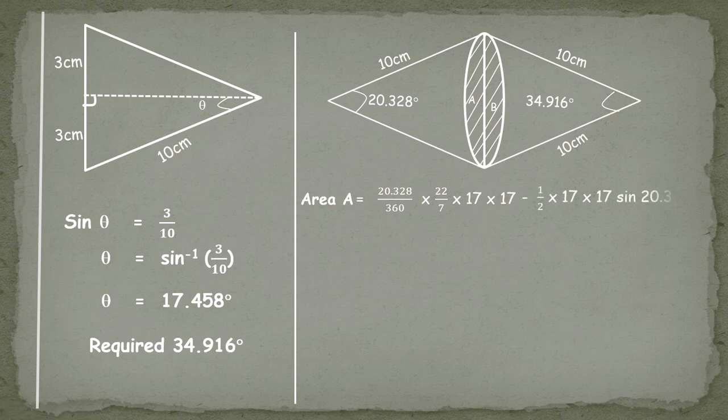Which means we shall get theta out of 360 pi r squared minus a half times r times r times the sine of our angle, which is 20.328 degrees, and that will give us the answer as 1.08944 centimeters squared.